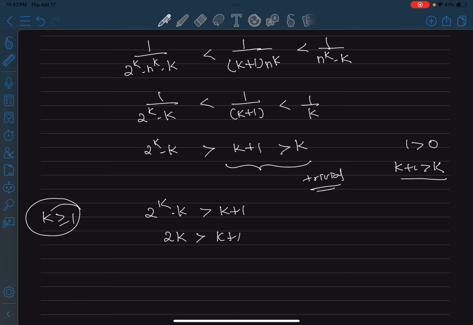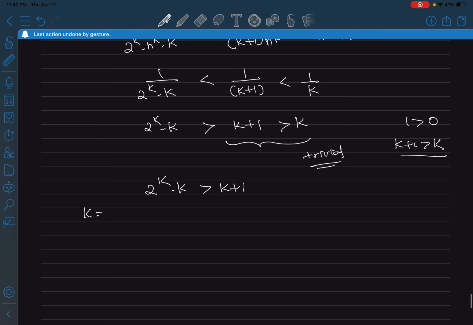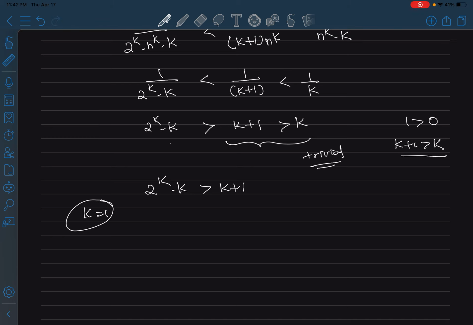It doesn't really work for k equals 1, but what I want to say is that for k equals 1, this is just equality. For all the other terms, for k greater than 1, this thing is bigger, right?